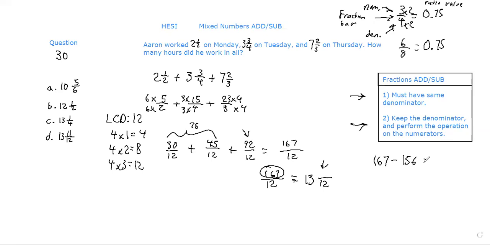That gave us 156. If we take the difference, we see that we're going to get 11, right? 167 minus 156 will give us 11. And that's the value, that's the remainder actually, that goes right here. So our answer, the equivalent of 167 over 12 is 13 and 11/12. And this answer matches choice number D.